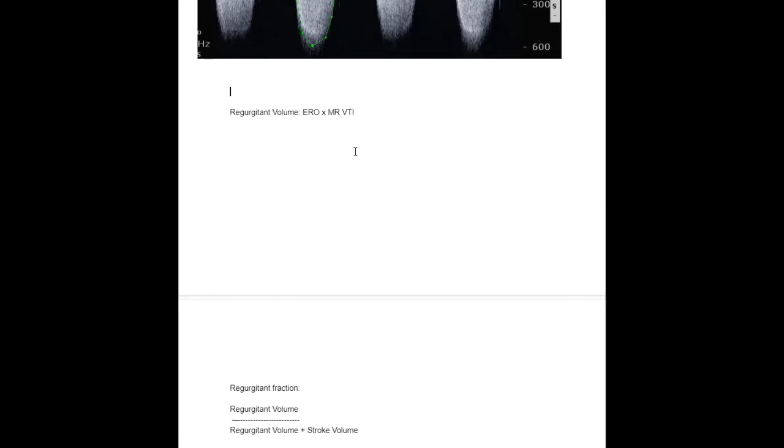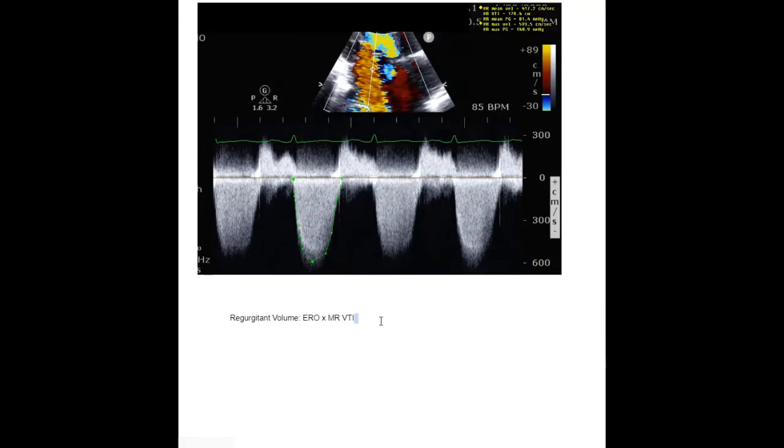So our regurgitant volume here is the ERO, which is this number here, multiplied by your mitral valve regurgitant VTI, which you get up here, 78 centimeters. Oops, typo. And just doing unit analysis here, your volume comes up to be centimeters cubed, which is appropriate for a volume.